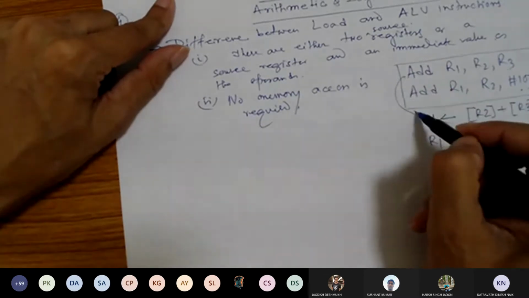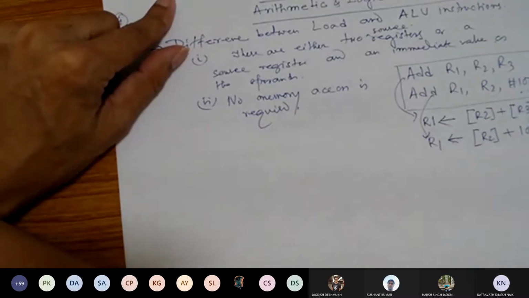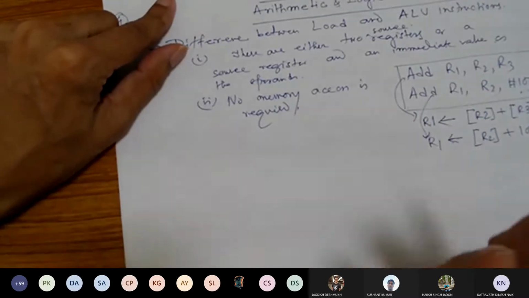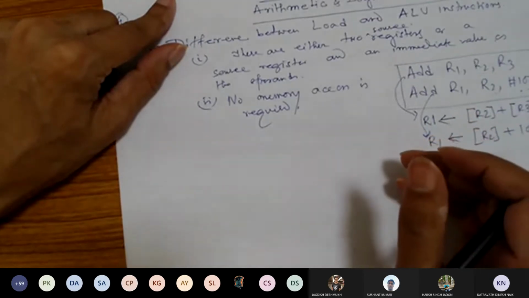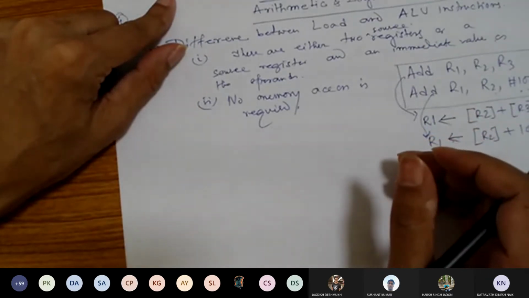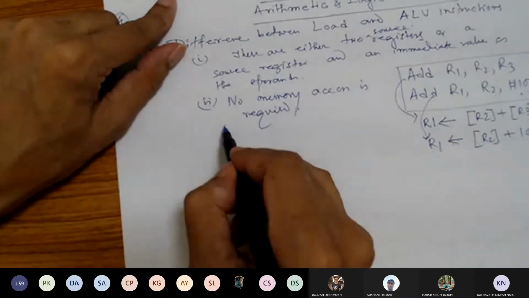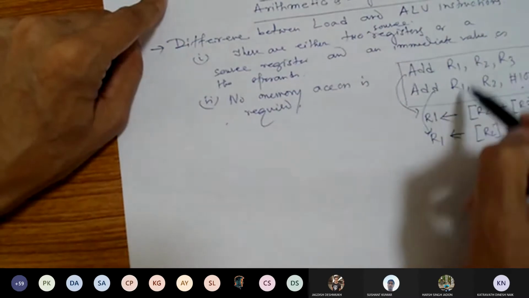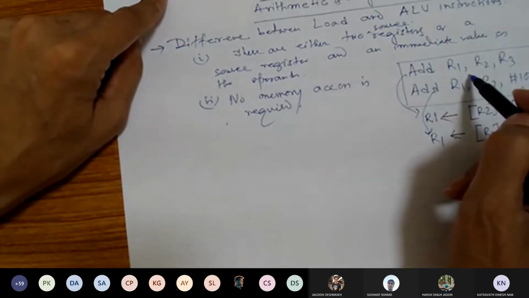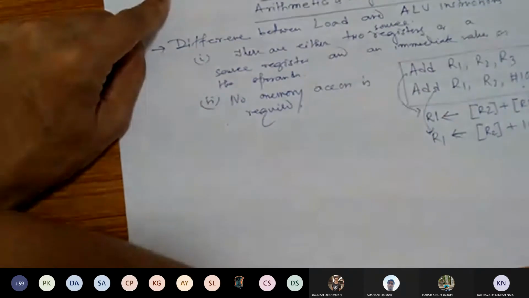This is the RTN for this. So where is the part of the memory? We do not need any memory operation here. Is that clear? The second point, the difference between load and ALU instruction, is that it does not require memory access.